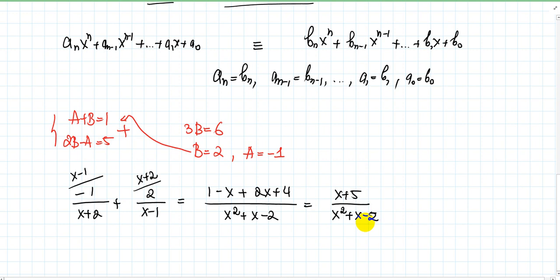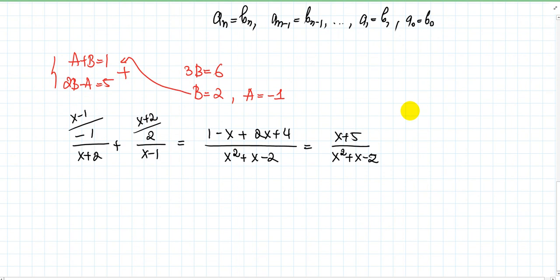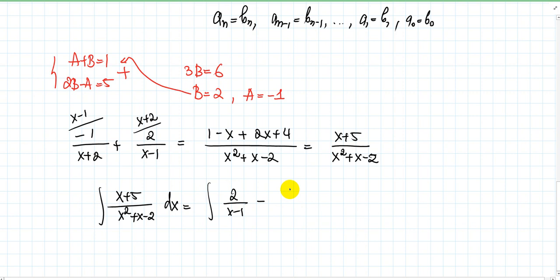So now, let's integrate. The integration of x plus 5 divided by x squared plus x minus 2 dx is equal to the integration of 2 over x minus 1 minus 1 divided by x plus 2. Do you agree? Because they are the same.